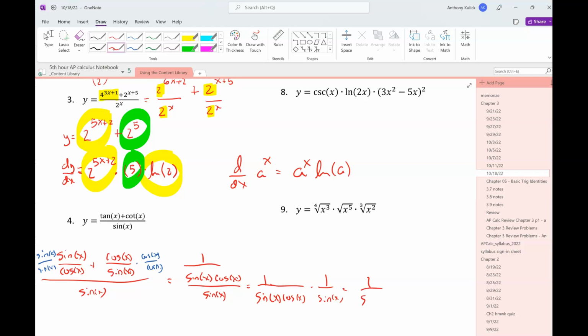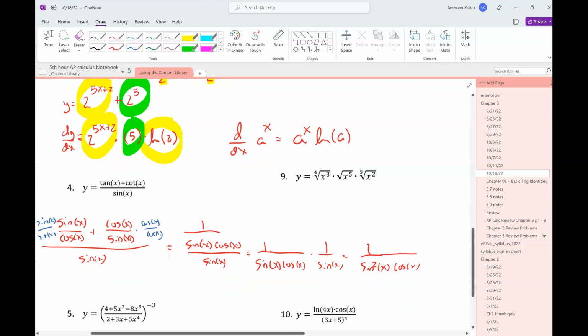So I get that, which I guess I could call cosecant squared x times secant x, which isn't great, right? What have I managed to do? I changed this from a quotient rule problem to a product and chain rule problem. Not much of an improvement.